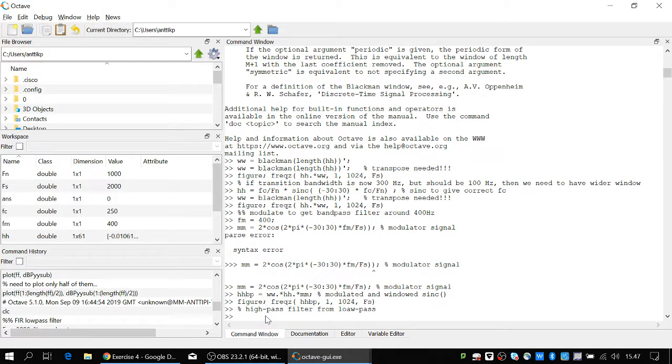So we actually have the modulator as -1 to the power of n, or the cosine of 2 pi n times Nyquist frequency divided by sampling rate, which means our high pass filter coefficients would be, again, the window, the low pass filter impulse response, and multiplied by -1 to the power of n, from -30 to 30.